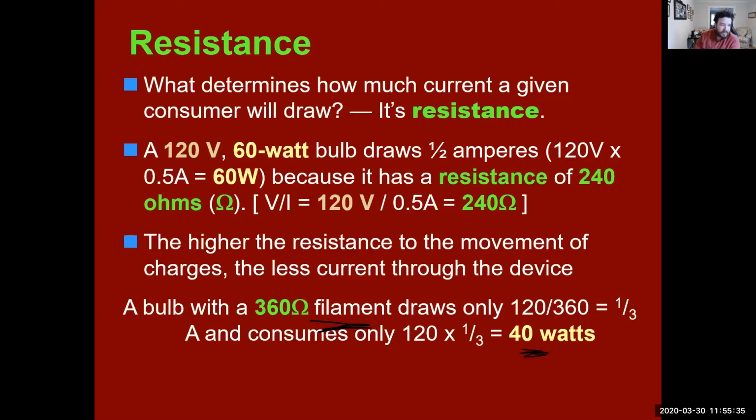It has a resistance to flow. It resists the flow of electrons.